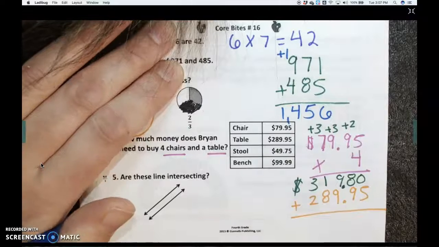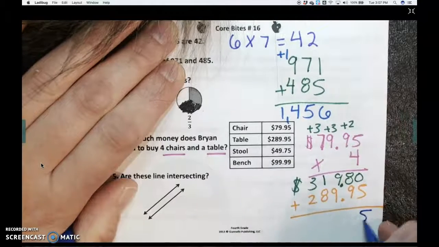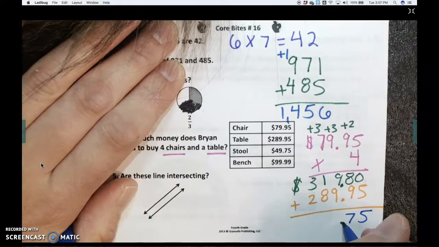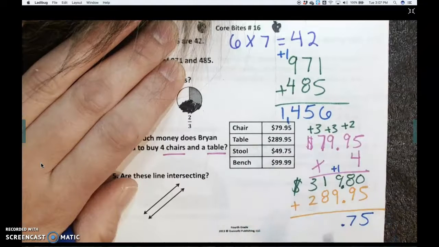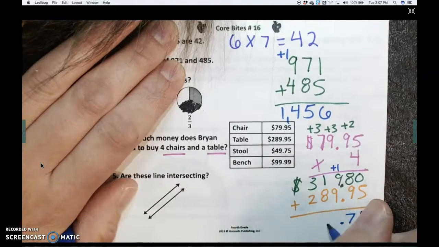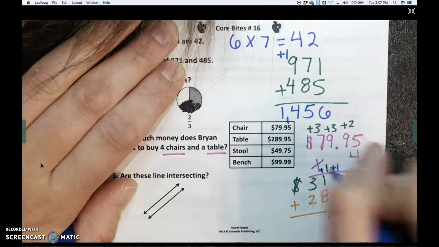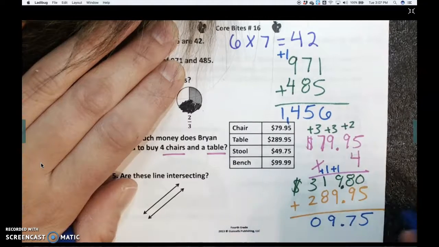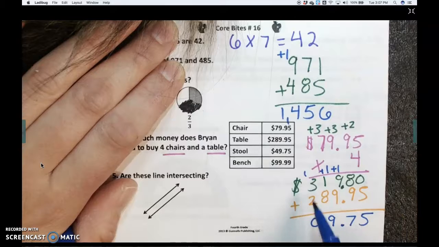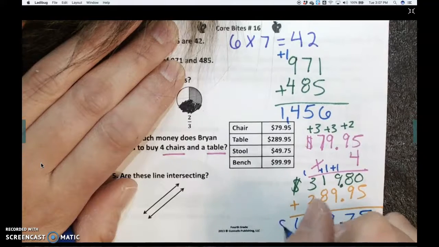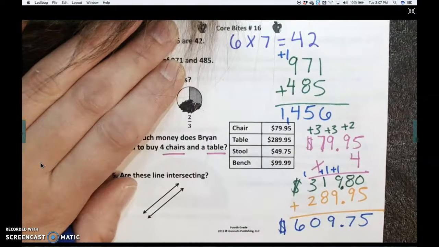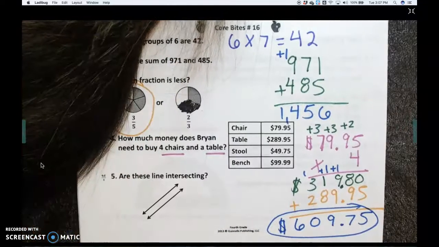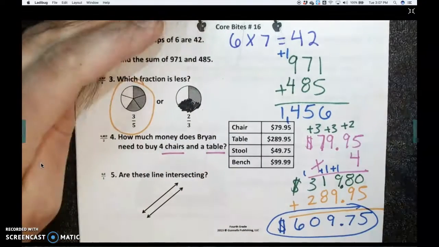So 5 plus 0 is 5. 8 plus 8 is 16 plus 1. That would give you 17. Here's your decimal. Regroup. 9 and 9 is 18 plus 1 is 19. Regroup. 8, 9, 10. Regroup. 3, 4, 5, 6. So your total would be $609.75 to get 4 chairs and 1 table.